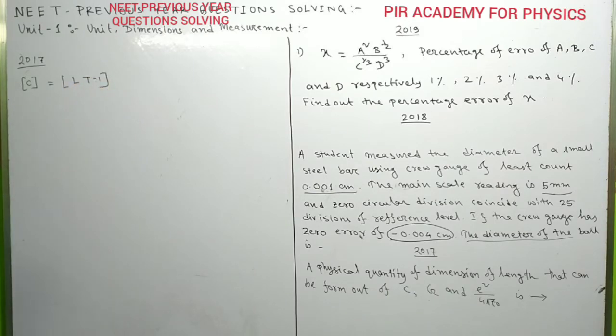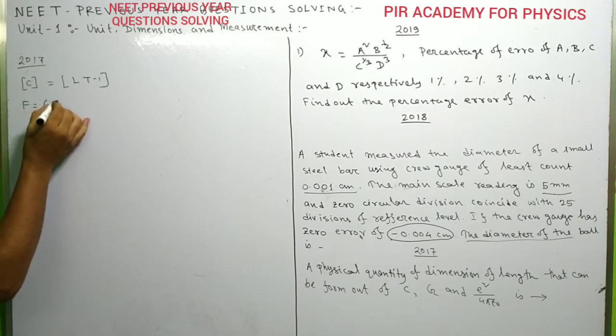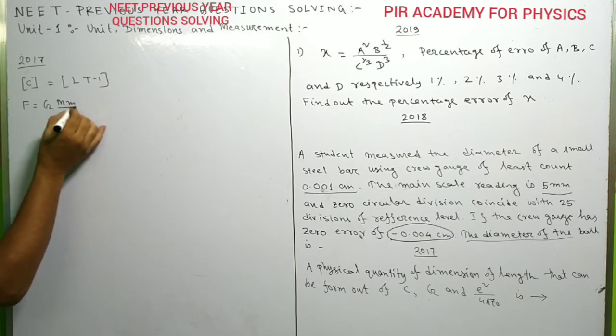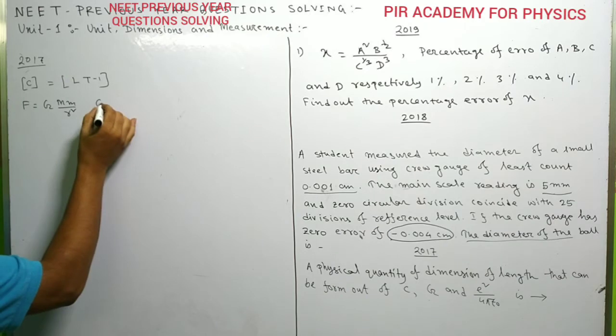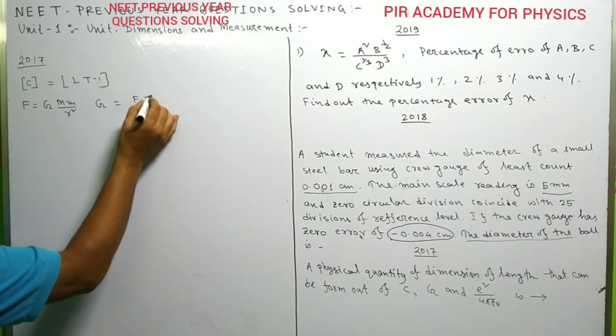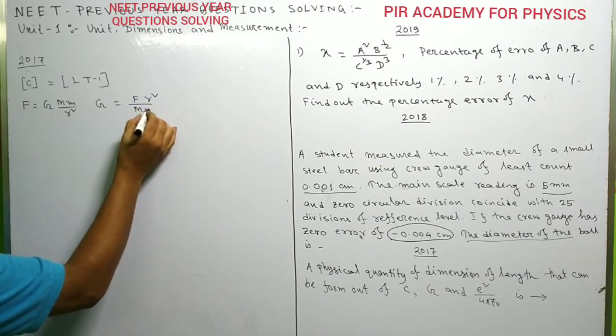And here the gravitational constant G. So we know Newton's gravitational formula, that means F equals G m squared by r squared. So G will be F r squared by m squared.